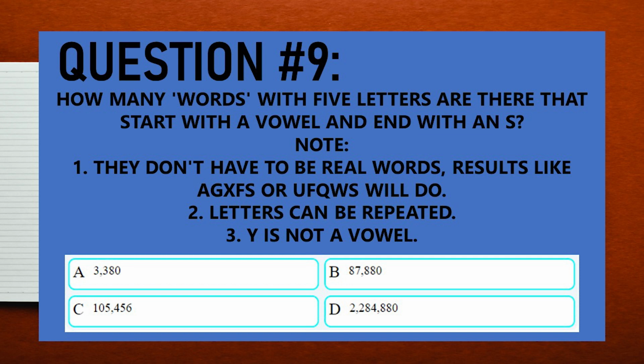Is it letter A, 3,380? Is it letter B, 87,880? Is it letter C, 105,456? Or is it letter D, 2,284,880?